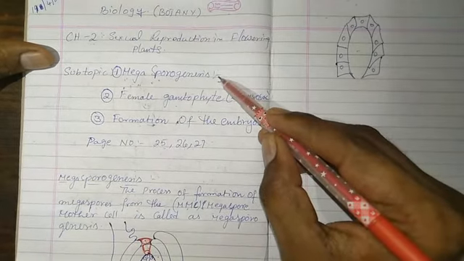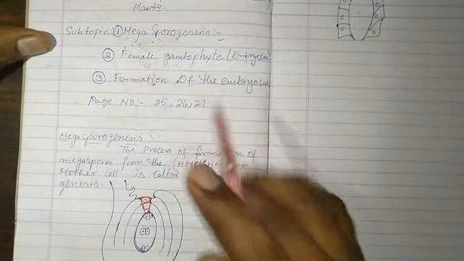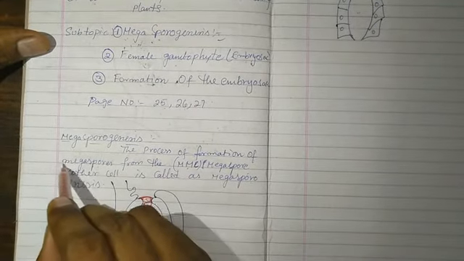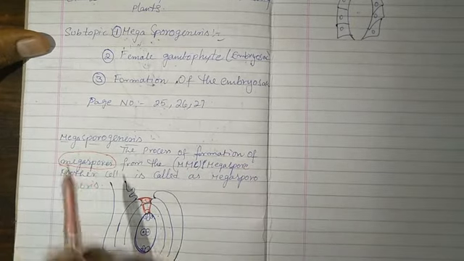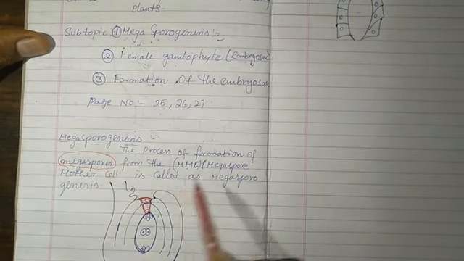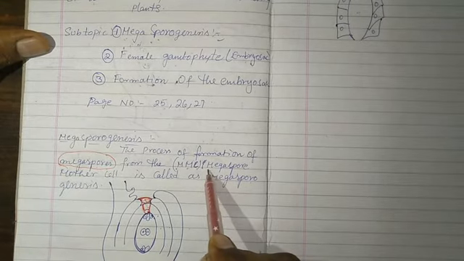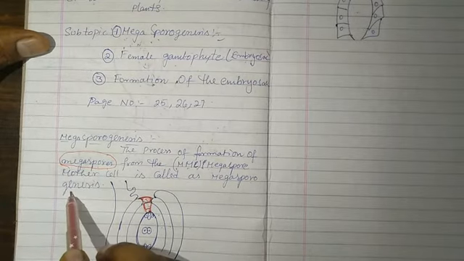What is megasporogenesis? Megasporogenesis means the process of formation of megaspores from the megaspore mother cell.